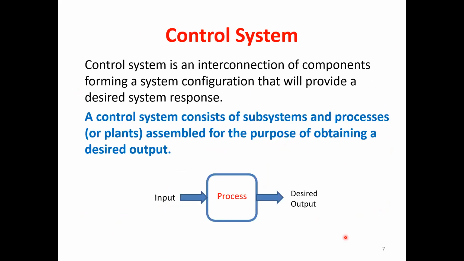Now the definition comes. A control system is an interconnection of components forming a system configuration that will provide a desired system response. Or you can say that a control system consists of subsystems and processes or plans assembled for the purpose of obtaining a desired output.